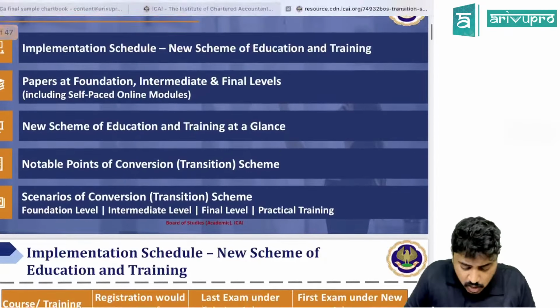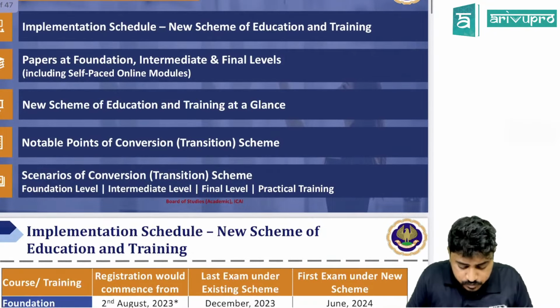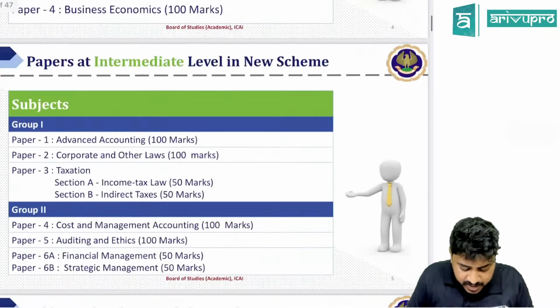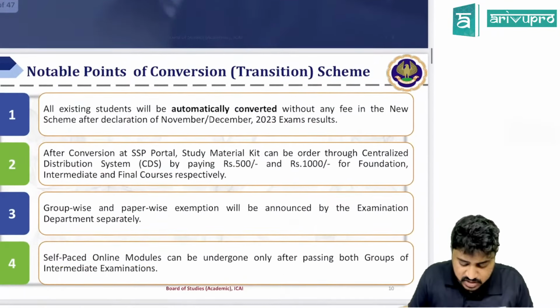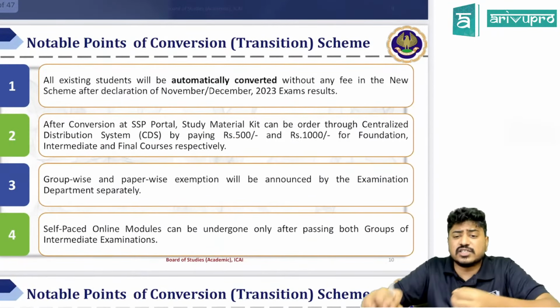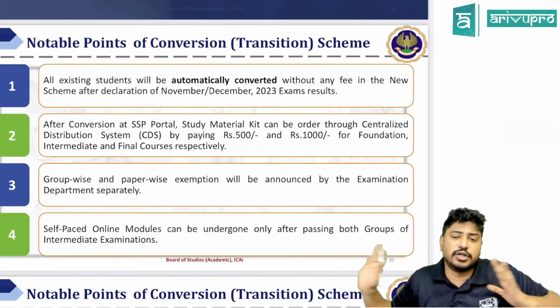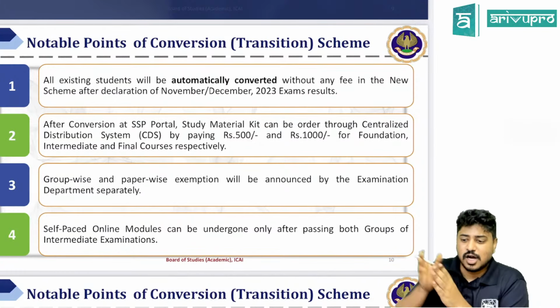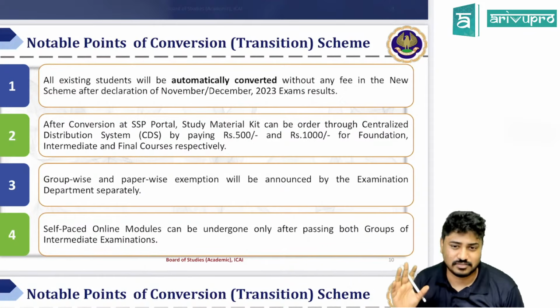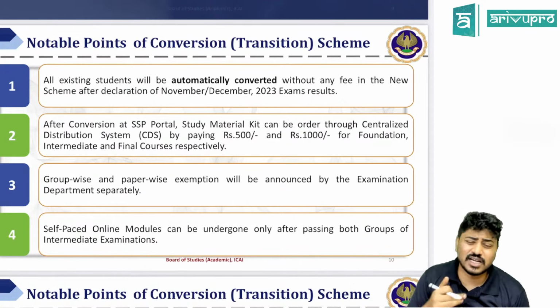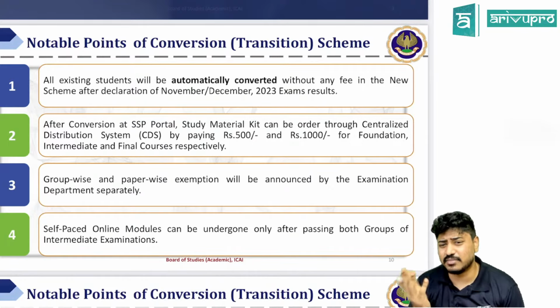Now what they have said, under notable points of conversion, is that examination control will take all the existing students and automatically convert them into the new syllabus. That is, November 2023 is the last exam for the old CA Inter syllabus. Now, sir, I have registered for CA Inter. I have started my articleship.